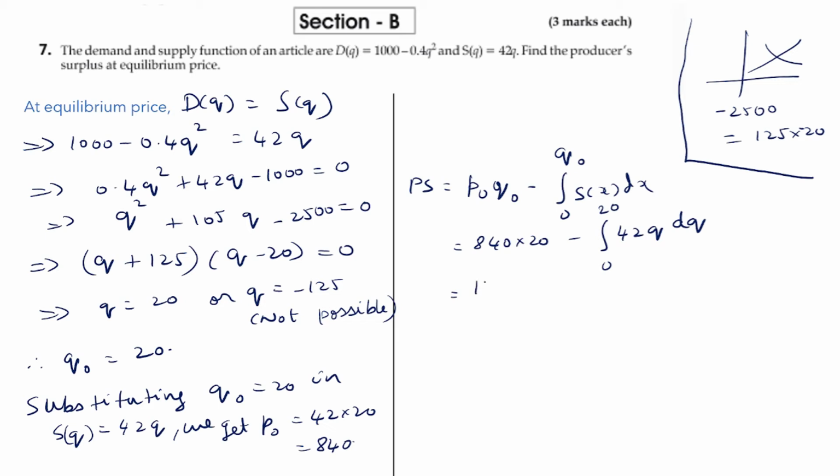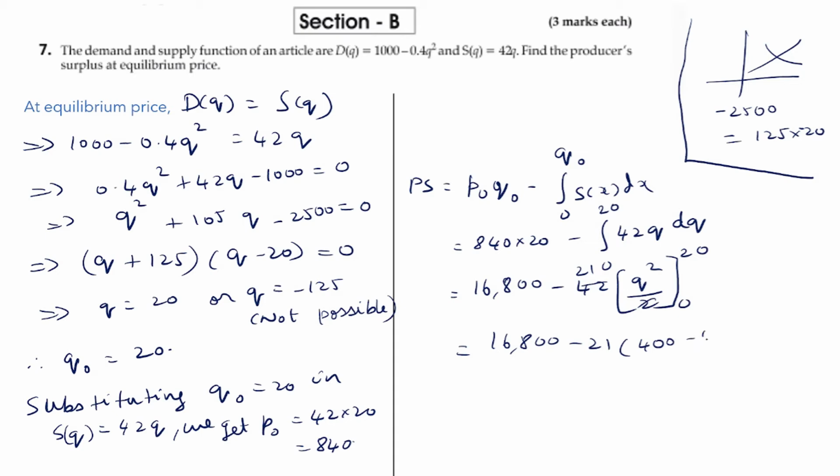So when we simplify we get 16,800 minus 42 into Q square by 2 with the limits 0 to 20. Or it is 16,800 minus 21 into 20 square, which is 400, minus 0.